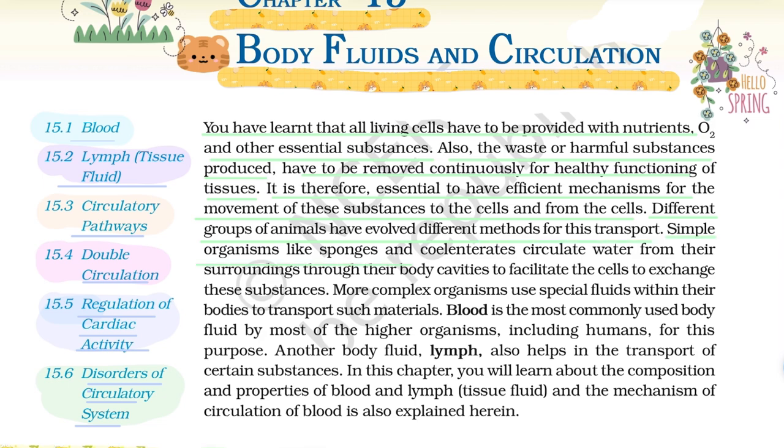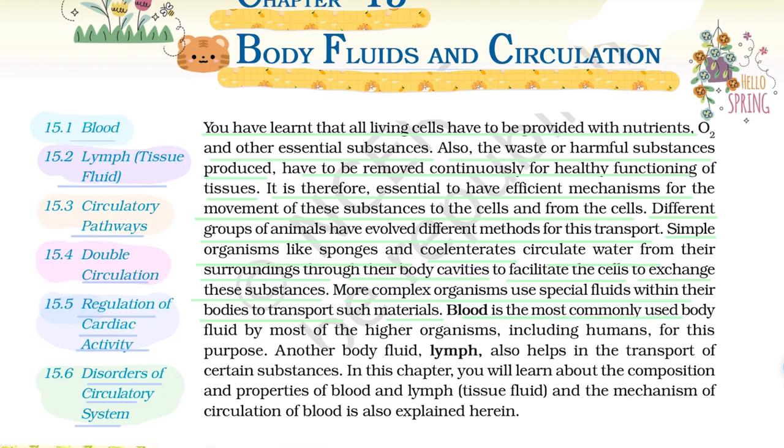Simple organisms like sponges and coelenterates circulate water from their surroundings through their body cavities to facilitate the cells to exchange these substances. More complex organisms use special fluids within their bodies to transport such materials.